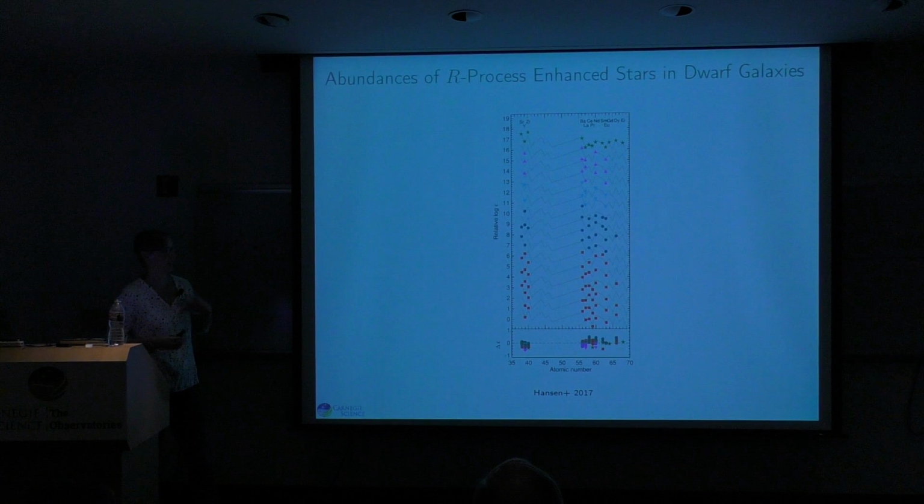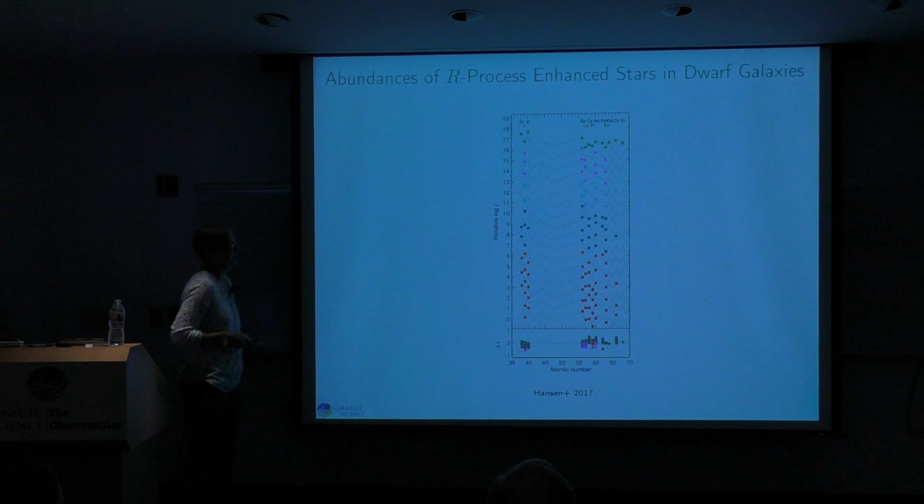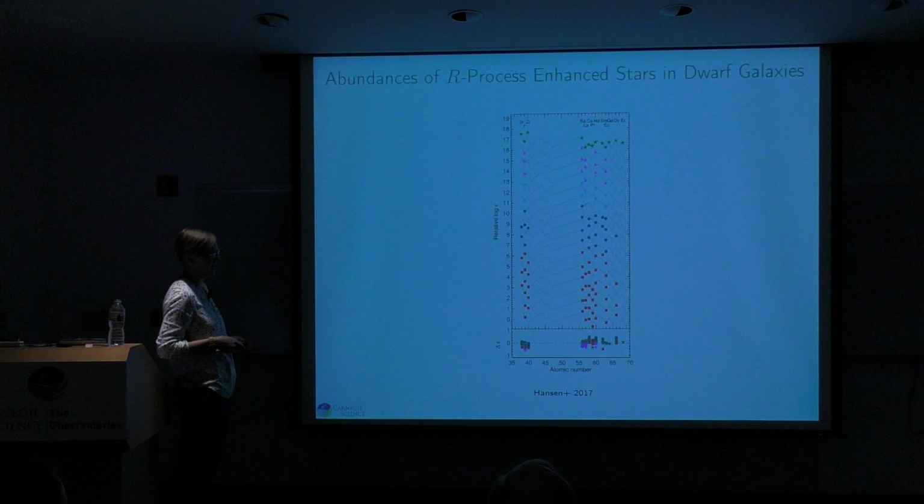And the distinction between the highly R-process enhanced and the mildly R-process enhanced is probably just a dilution feature, or because the event didn't spit out as much material, but it still spit out this very beautiful pattern. Yes, but we still have the problem in the light end, and in the heavy end, I think there's one in Ursa Minor that has an actinide abundance, but otherwise none of the dwarfs really do.